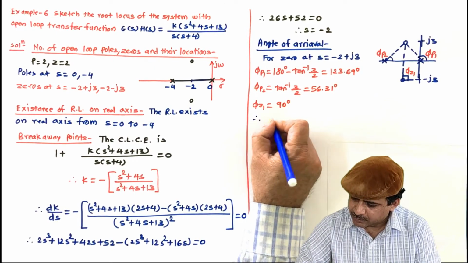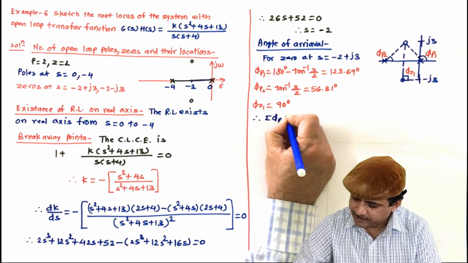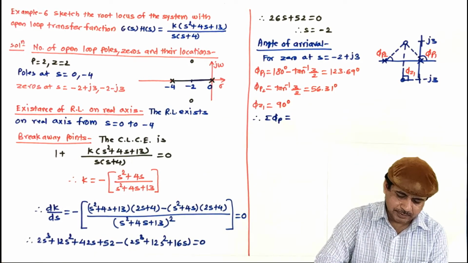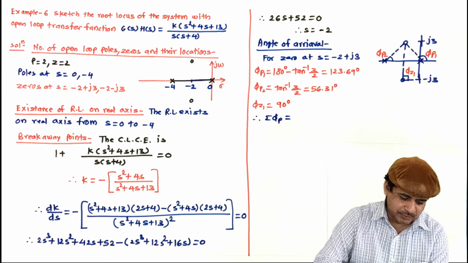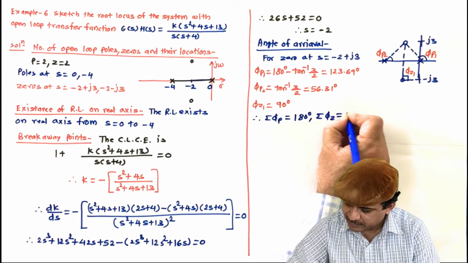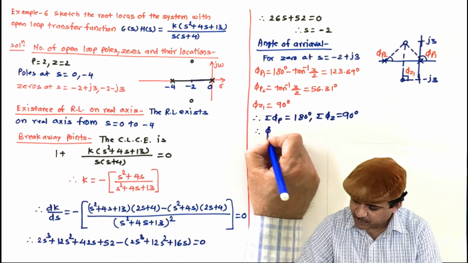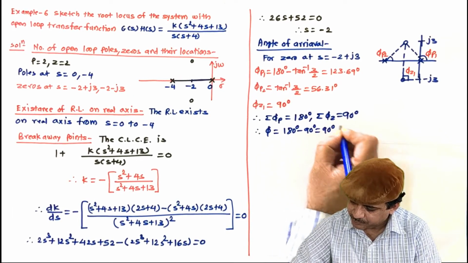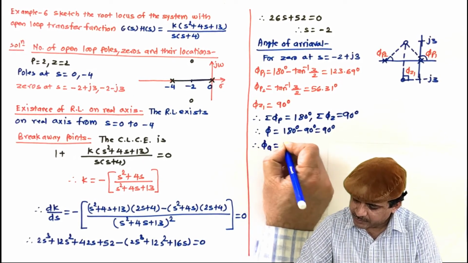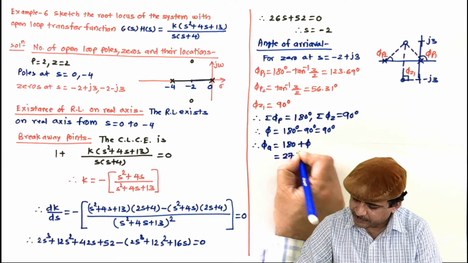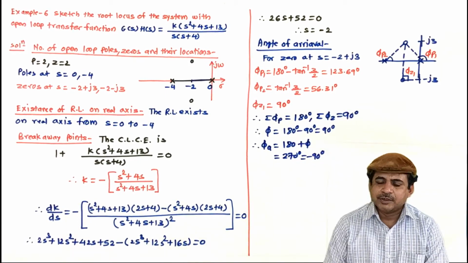So summation phi p is equal to 123.69 plus 56.31, it is 180 degree, and summation phi z is 90 degree. So phi is equal to 180 minus 90, that is 90 degree. So phi a is equal to 180 plus phi, and that is 270 degree, which is also minus 90 degree.